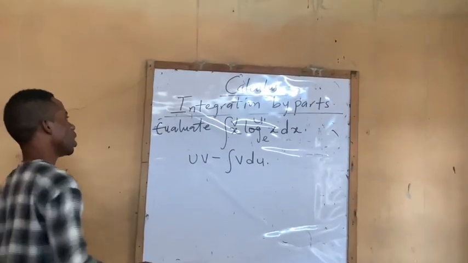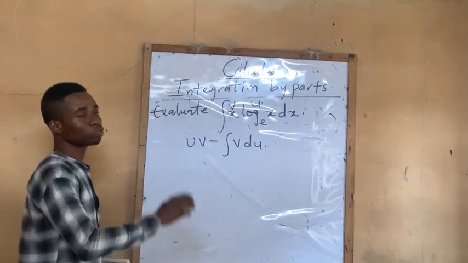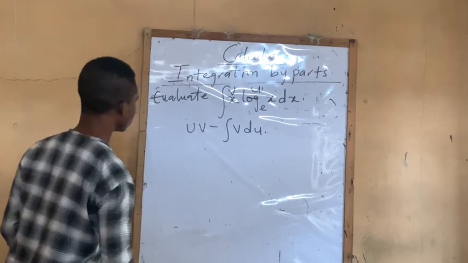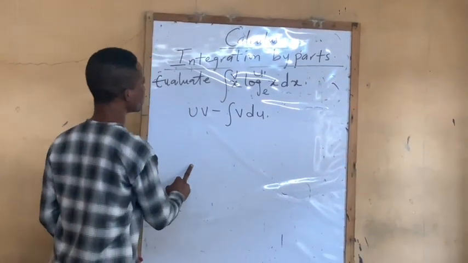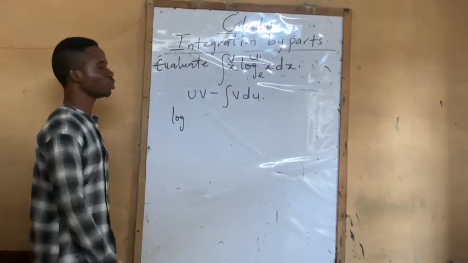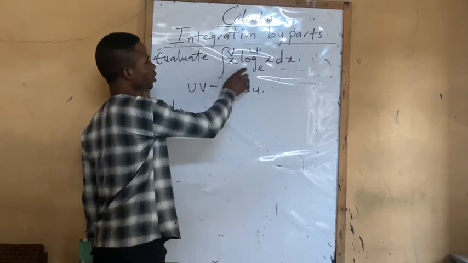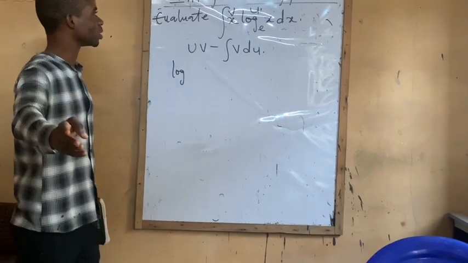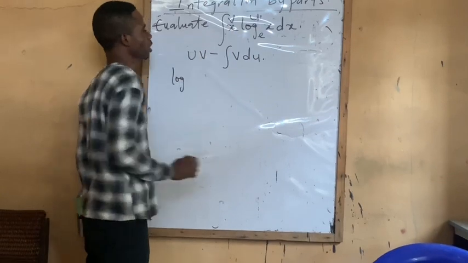Anytime you see log in your integration by parts and you want to label it, you don't label it as uv, you label it as vu.